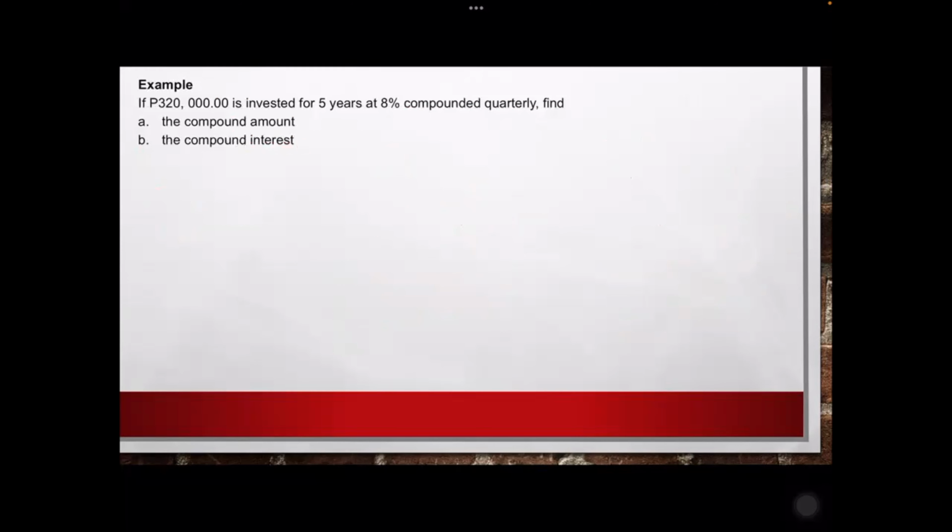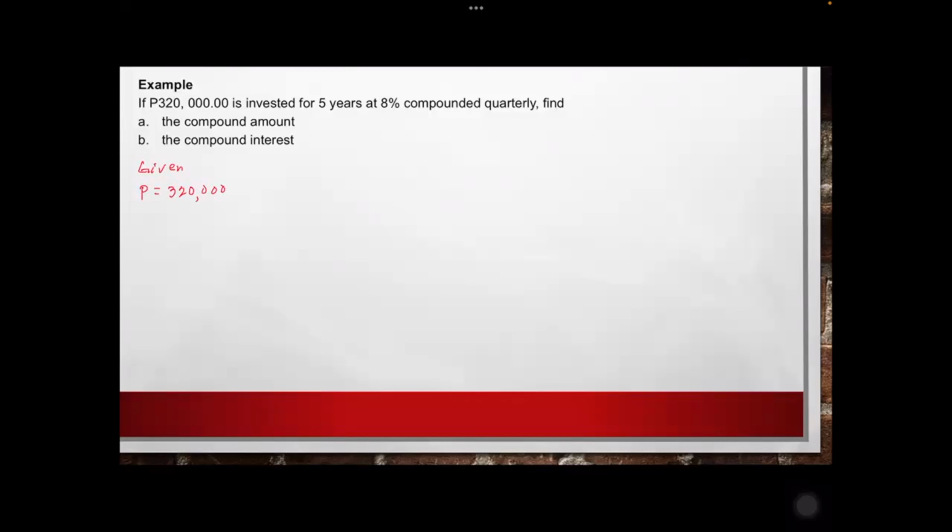Okay, so another example, invested for 5 years at 8% compounded quarterly. Letter A, find the compound amount. Letter B is find the compound interest. So, given natin, letter P is equal to 320,000.